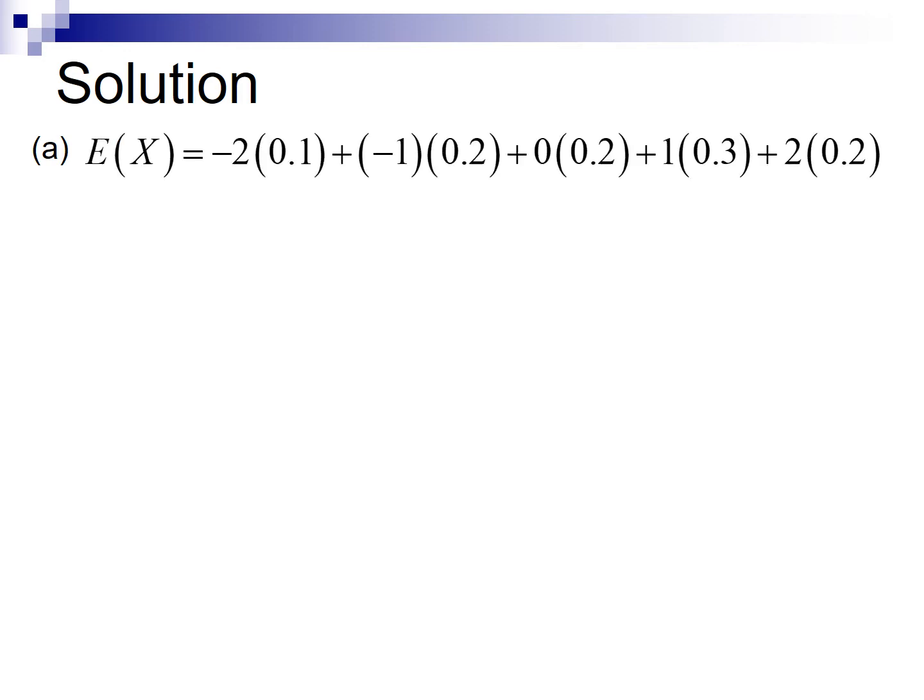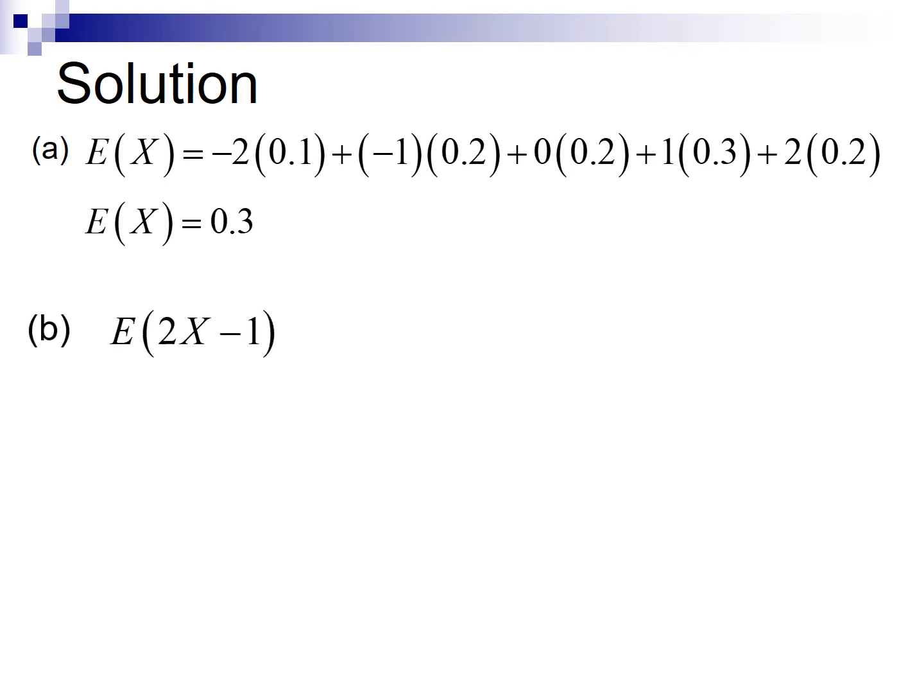Please recall the formula for the expected value of x is the sum of the variable x multiplied by its probability. So you multiply each value of x with its probability. You add up, you have 0.3.